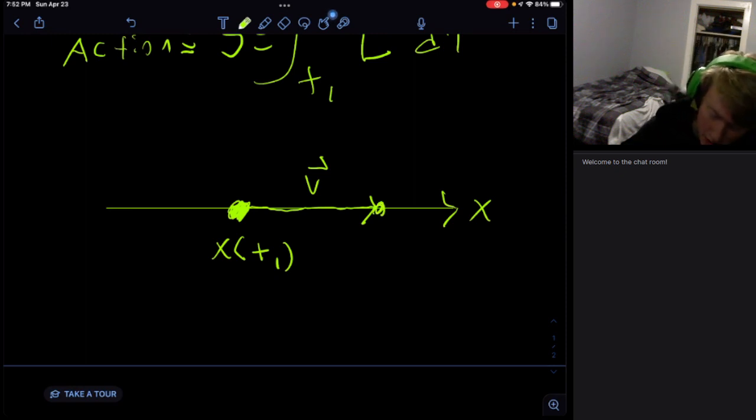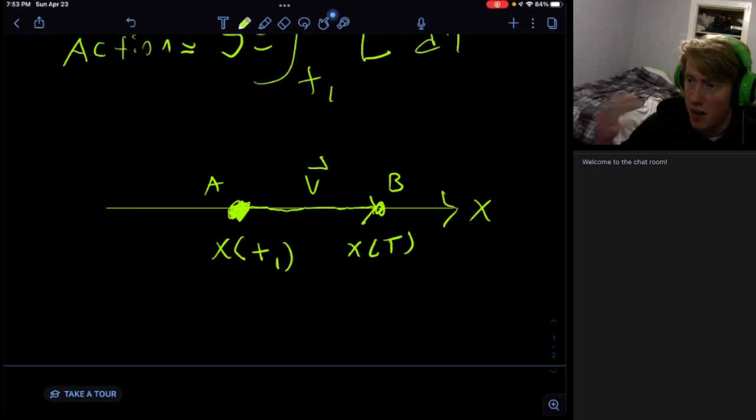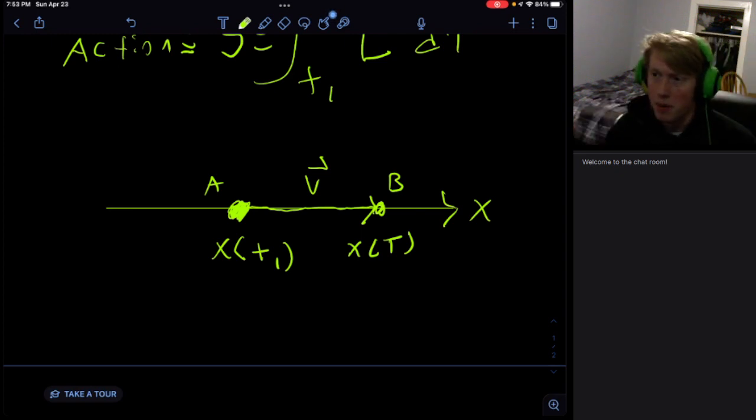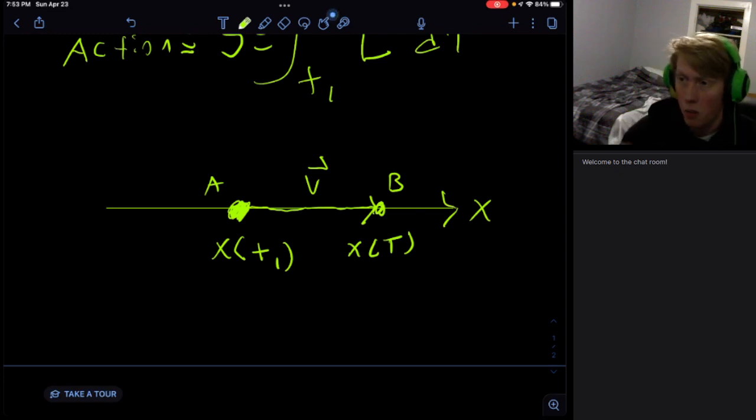So then it goes to point B here, and now it's at x of, instead of t2, we're going to call it big T. The reason we're going to do that is so that we can use it as a variable in our equations of motion. We want to be able to pick any value of t and figure out what this particle is doing at any point in time, right?